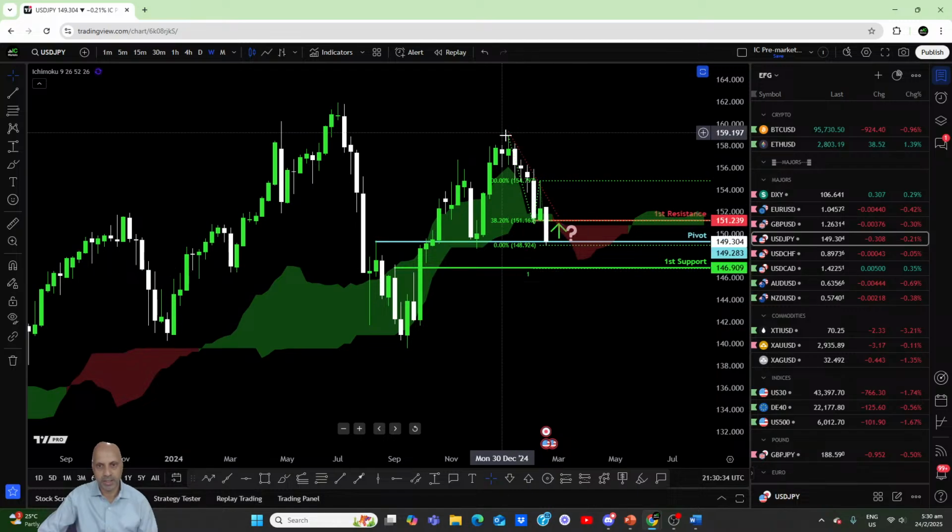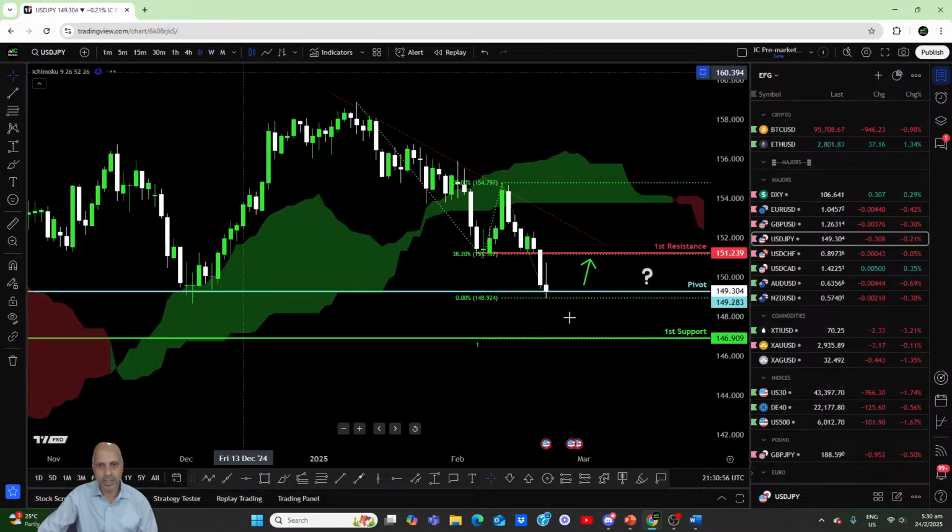We can see very clearly that since the second week of January, the dollar yen has fallen for 6 consecutive weeks. And out of these 6 weeks, we've seen 5 very strong weeks of declines for the dollar yen.